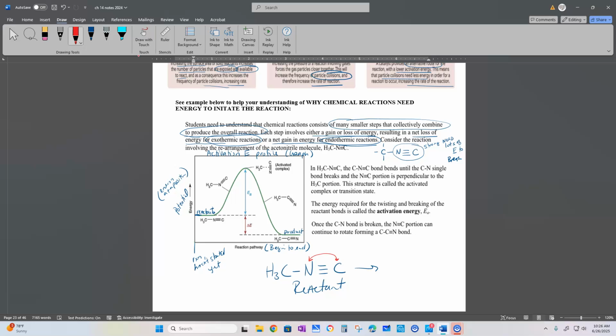Because we have to break bonds to make bonds. How much energy is needed to break this bond so that they can swap places? So this is what the product will be: carbon, triple bond, nitrogen. There is our product.